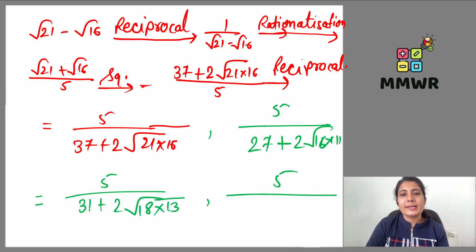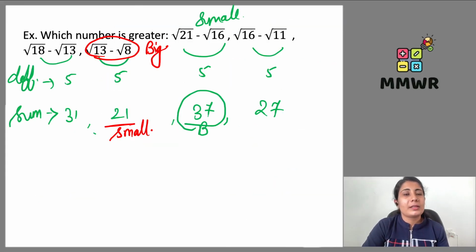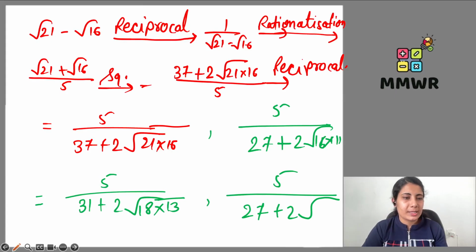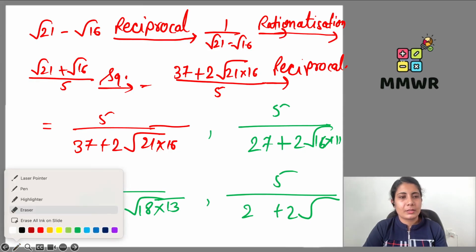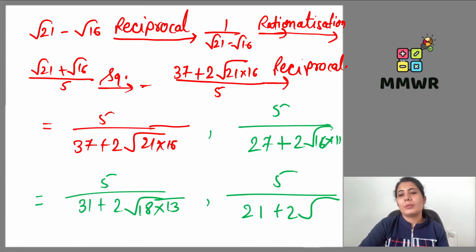And the last value is 21 plus 2 root 13 multiply 8. Sorry, it should be 21, not 27: 21 plus 13 into 8, 104.